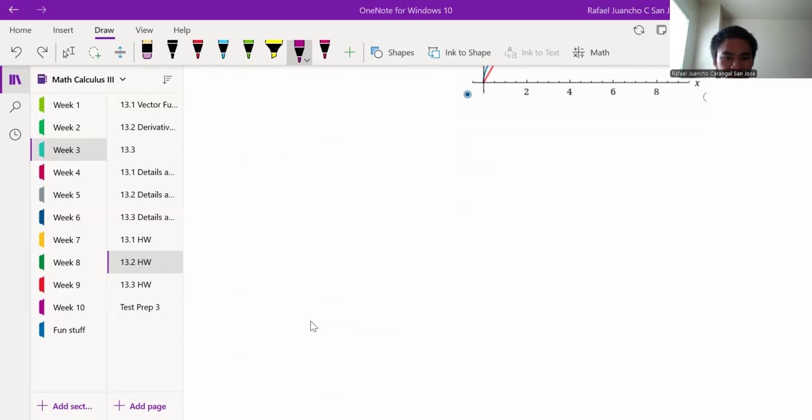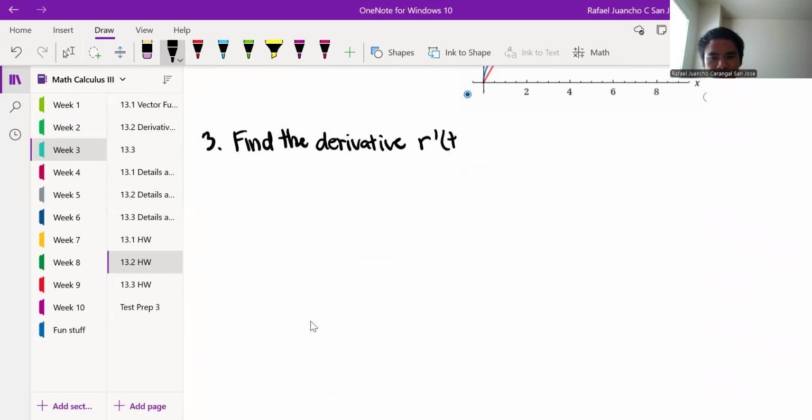Okay, next example. So here we're being asked to find the derivative, r prime of t, of a vector function.